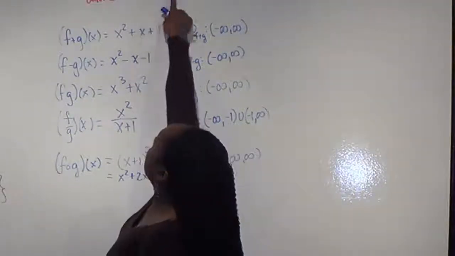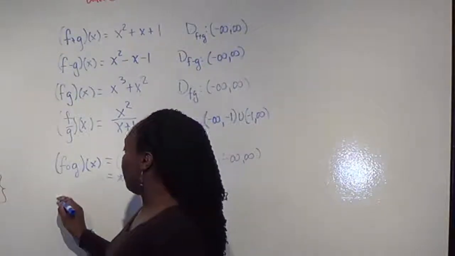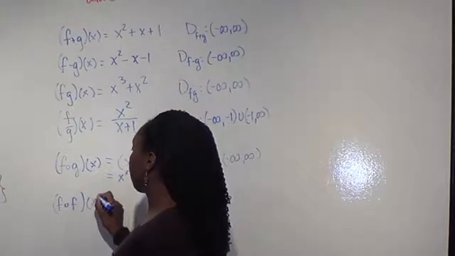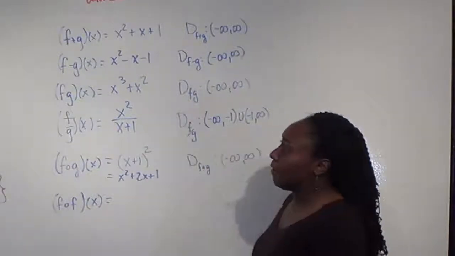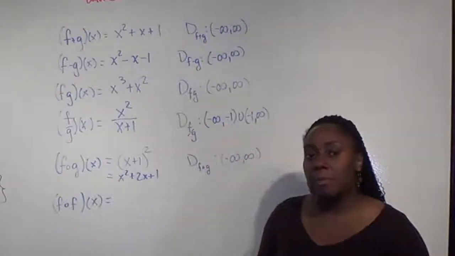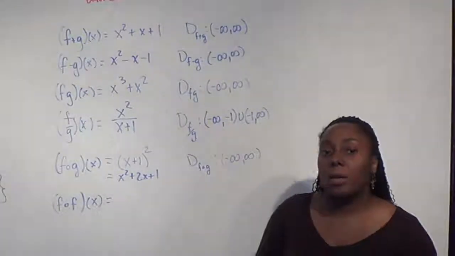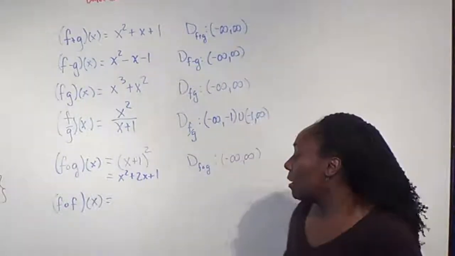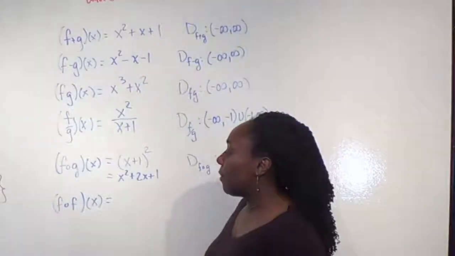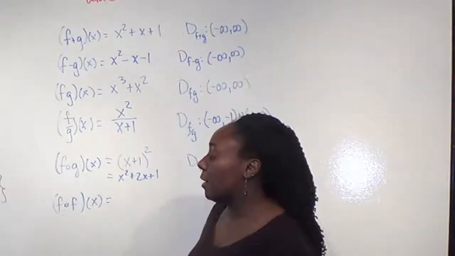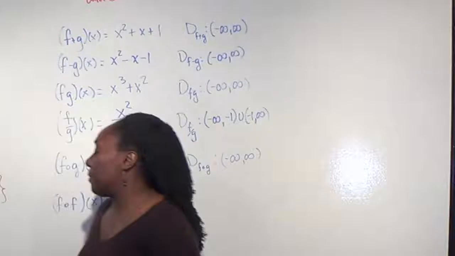Okay. So let's go back to f composed with f. Now, just like any of our other algebraic functions, f and g are just the names of functions. So it doesn't matter what those functions look like as long as I'm using the correct function. So when I say f composed with f, this just means I'm taking f of x and plugging it into f of x everywhere there's an x.